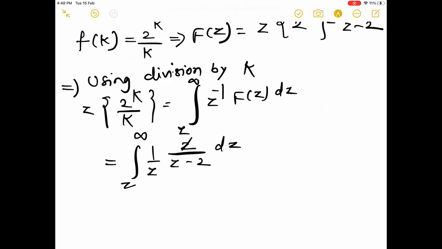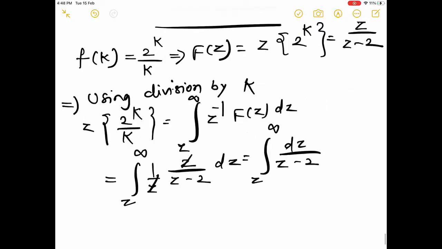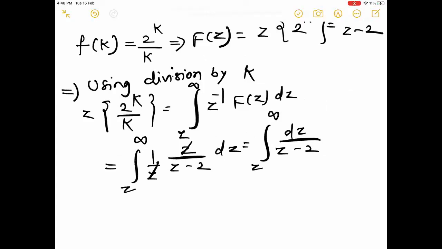The Z and Z cancel, and we get just dZ upon Z minus 2. I got this much, but I'm not able to do the integration.